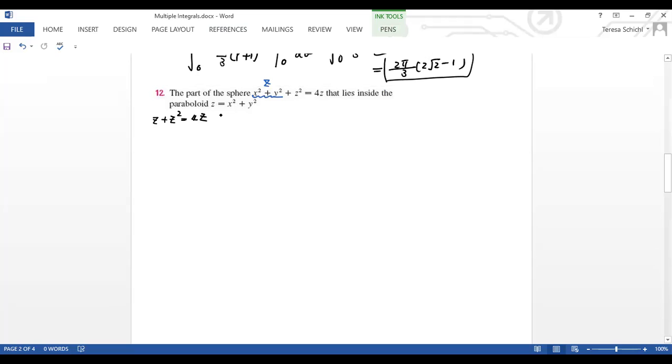Right? Okay, so now you will have z squared minus 3z equal to 0. So I will have z times (z minus 3) equal to 0. So I have z equal to 0 and z equal to 3. So they are the planes where the surfaces intersect, correct?